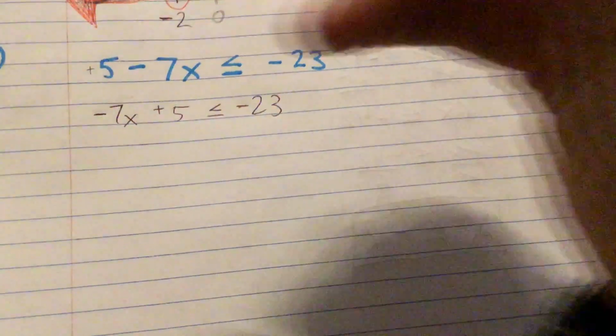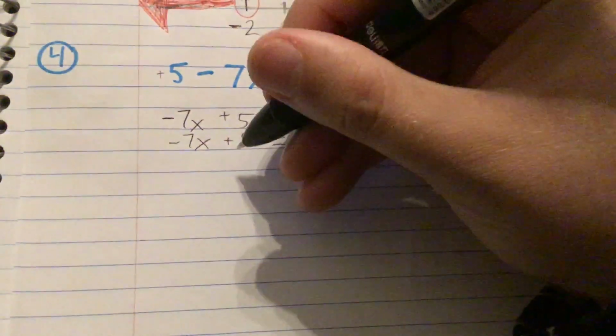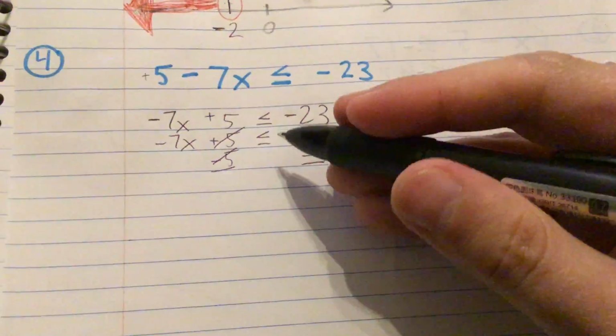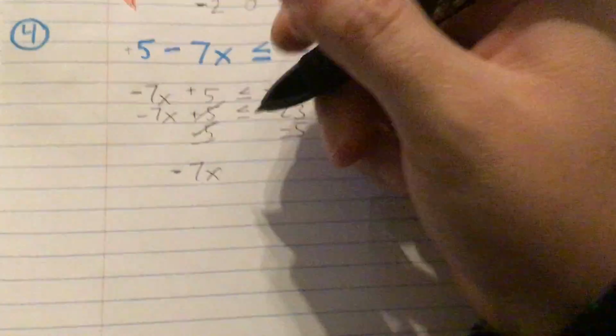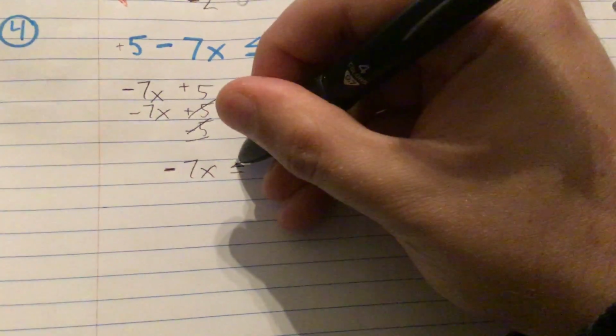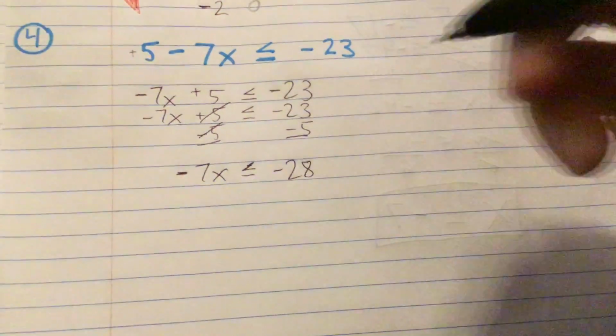Okay, now I'm going to solve for x. Okay, so now let's subtract 5 from both sides. Subtraction has no impact on this inequality symbol, so we still have negative 7x is less than or equal to negative 28.